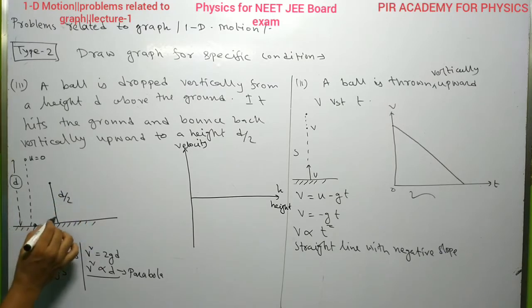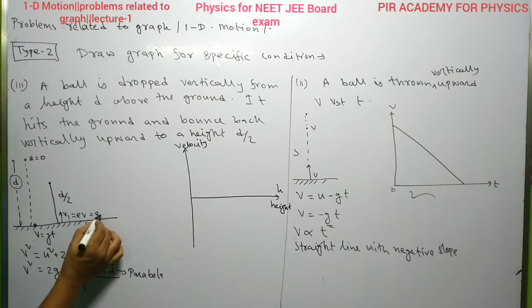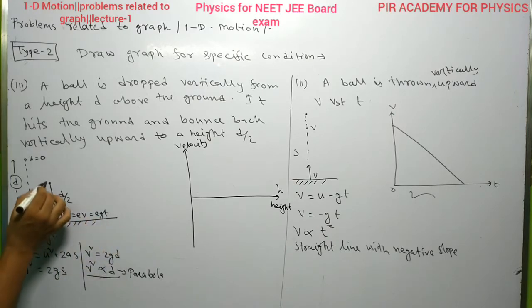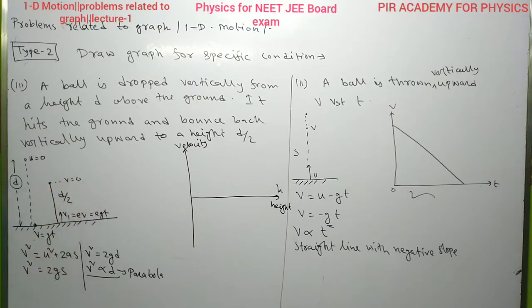At this condition, the velocity, suppose v1, will be ev, so it will be egt. At a height of d by 2, the velocity will be 0.